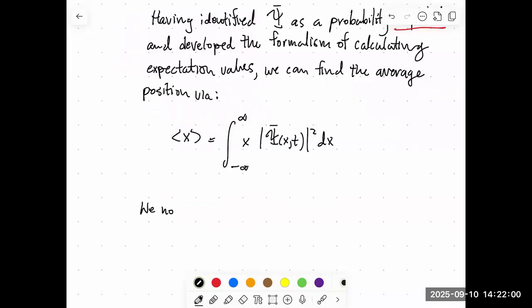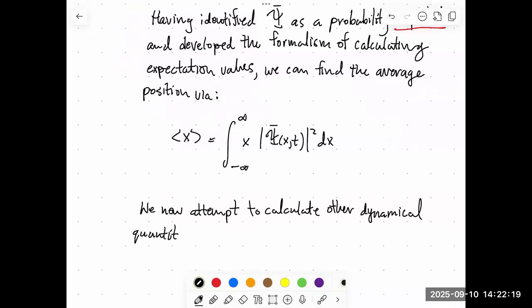Okay, so we now attempt to calculate other dynamical quantities.